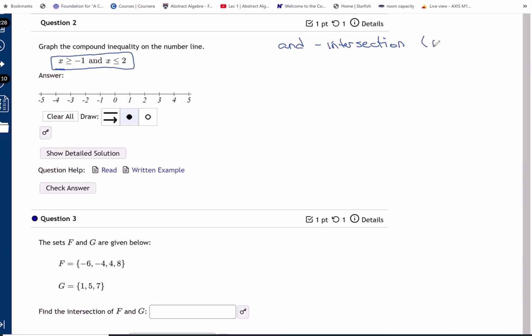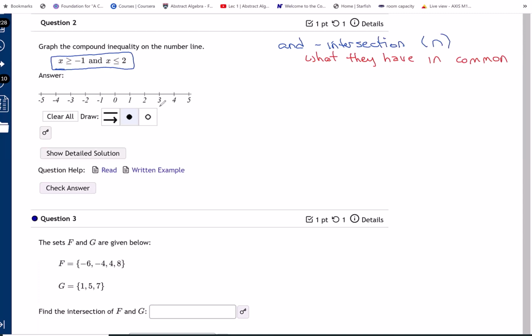Intersection has a symbol that looks like this, and it is what they have in common. That's what the intersection is. Or is union. When we get to that, we'll talk about it.